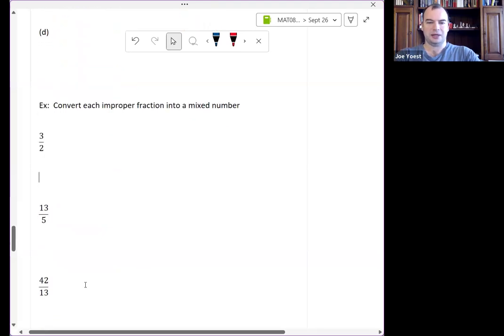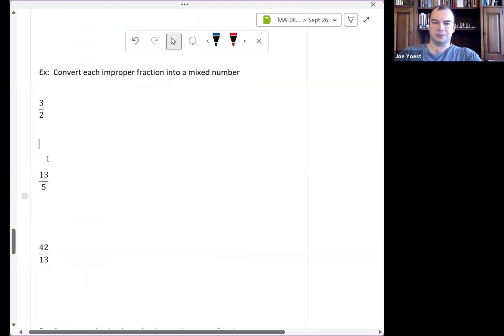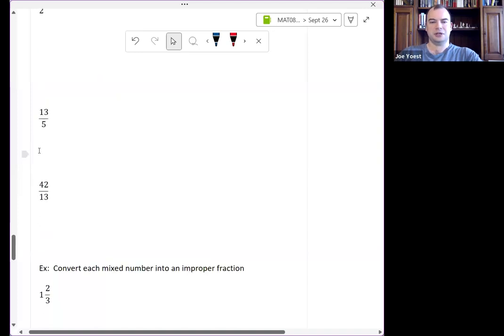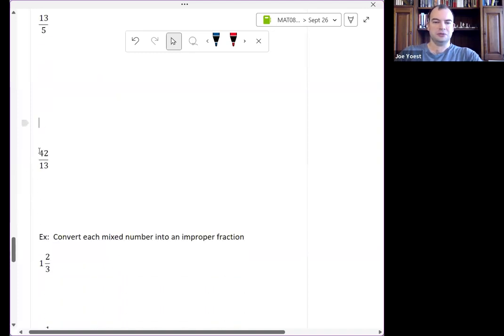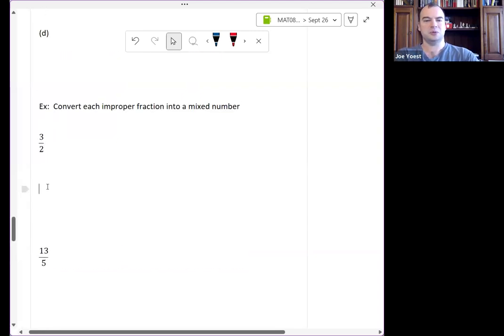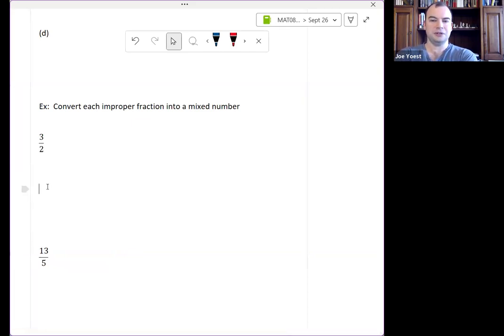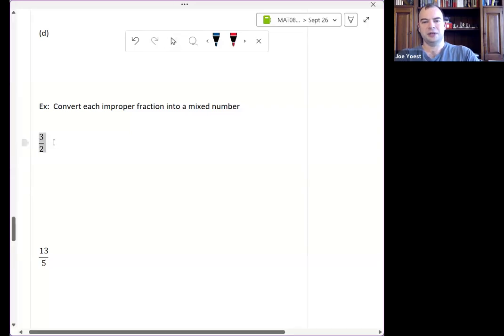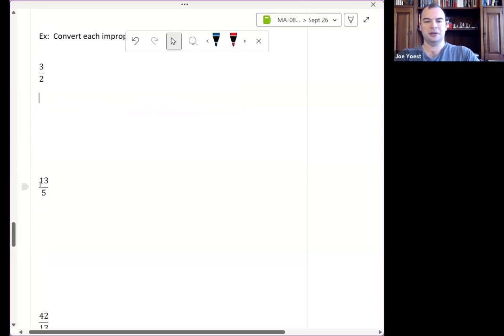Can I come up with a strategy, an algorithm, a process that uses some of the mathematical tools that we've already created to do this work when the numbers are a little less easy to work with? Can I take each of these improper fractions, 3 halves, the numerator 3 is bigger than the denominator 2, 13 fifths, 13 is bigger than 5, 42 thirteenths, 42 is bigger than 13.